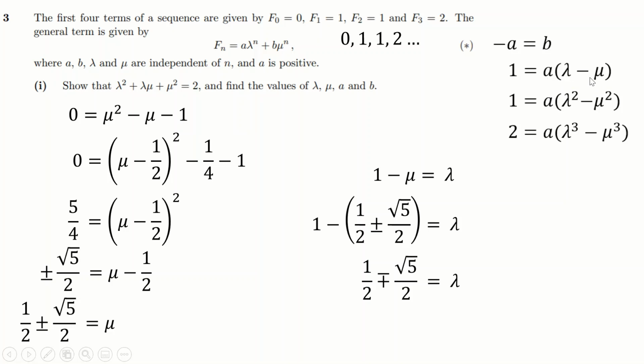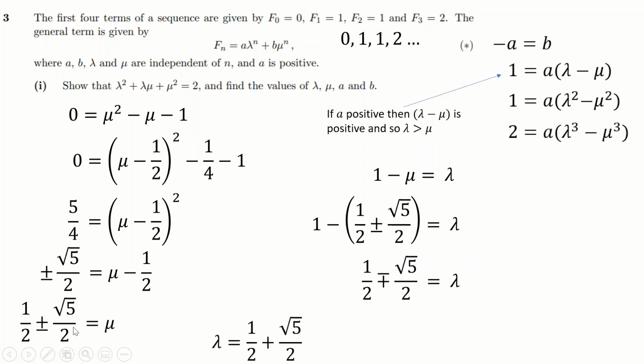So lambda minus mu must be bigger than 0, which means lambda is bigger than mu, which means lambda is the larger one of the two things. Lambda is the half plus root 5 over 2, and mu is the half minus root 5 over 2, because it must be the smaller one.